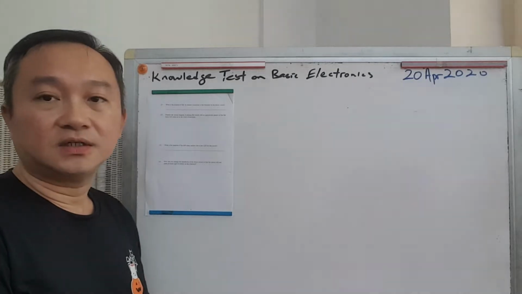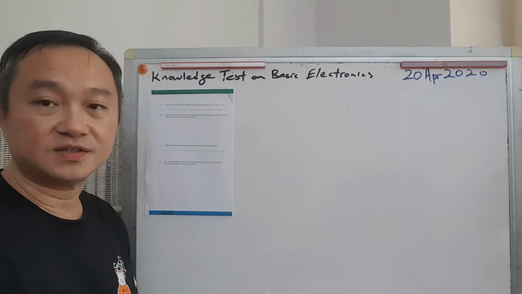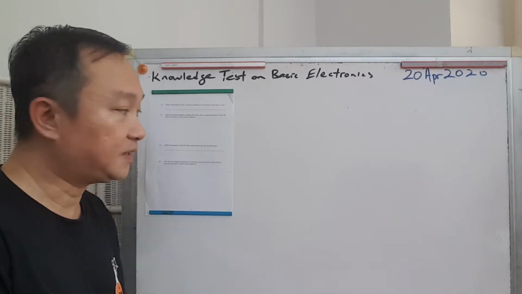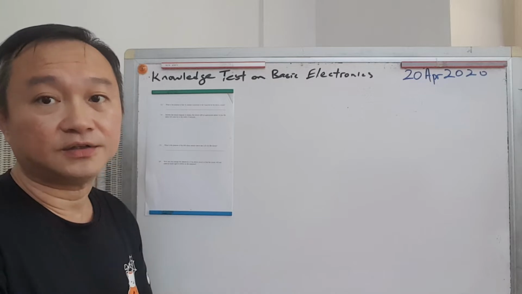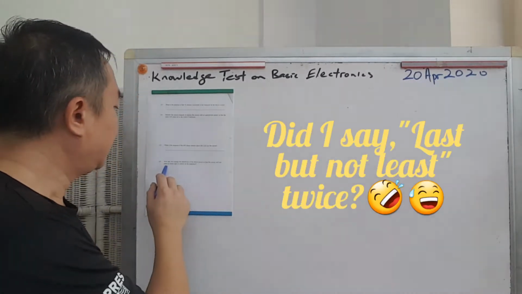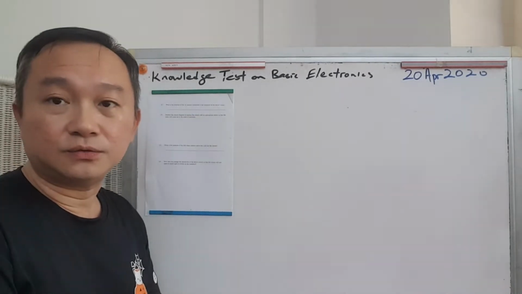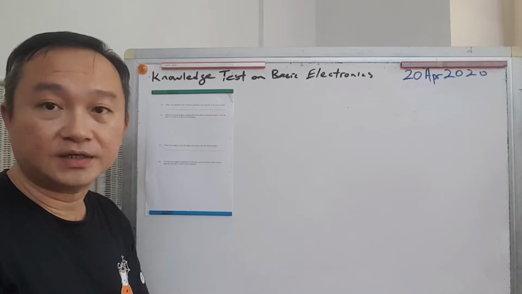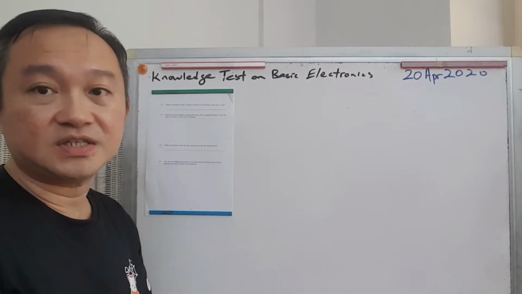Last but not least, again a recall question on the purpose of a 680 ohm resistor. Why is it necessary to have it before the light emitting diode, which you actually learn in tutorial 1 and unit 14 electronics. And last but not least, down here, it again assesses your ability to understand how you can actually tweak a part of the component to vary the sensitivity of the circuit.